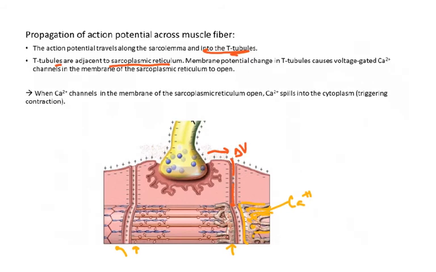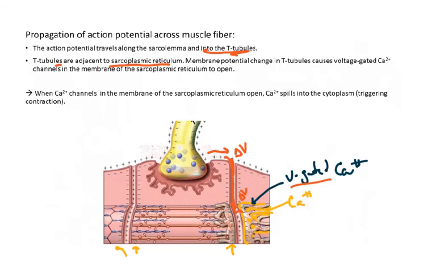So we always have sarcoplasmic reticulum adjacent to the T-tubule, because in the membrane of the sarcoplasmic reticulum, there are going to be voltage-gated calcium channels. And so what's going to happen as the change in voltage is spreading up the T-tubules is this change in voltage is going to be right next to the sarcoplasmic reticulum membrane, where you have the voltage-gated calcium channels.